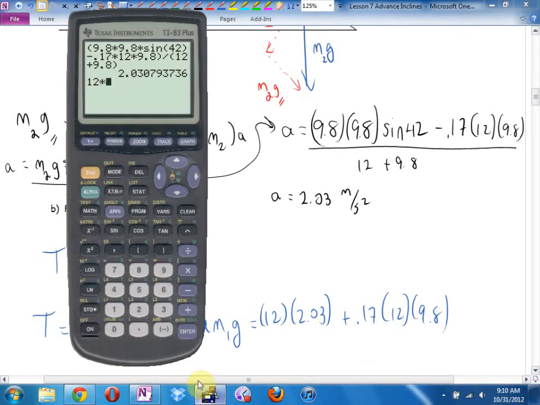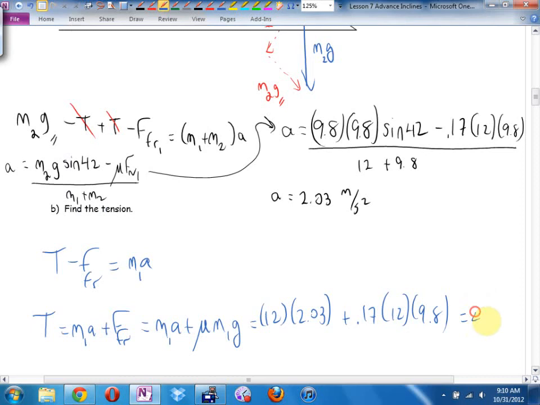So that's 12 times my previous answer plus 0.17 times 12 times 9.8. What'd you get? 44.3. Let's see, I got 44.4, yeah, I'd take 44.3. Units, newtons.